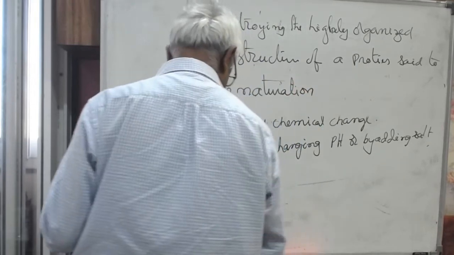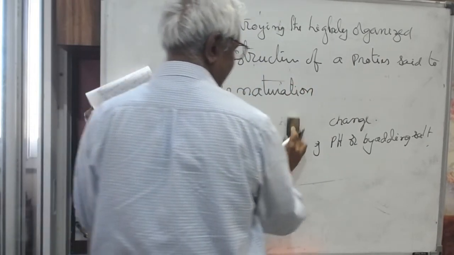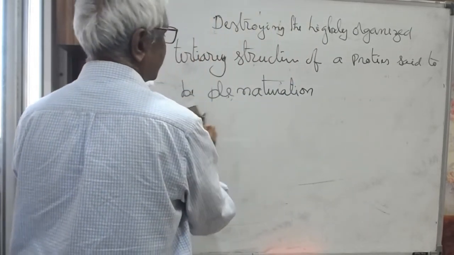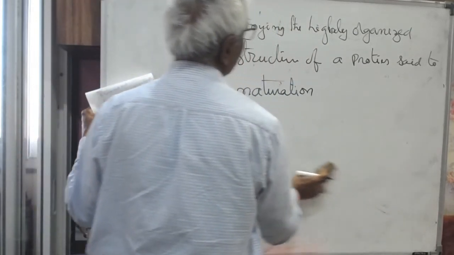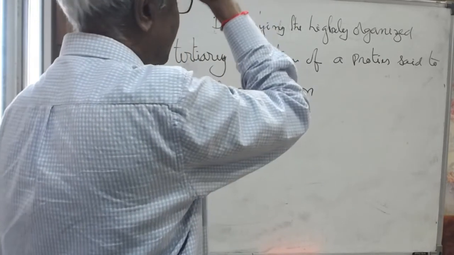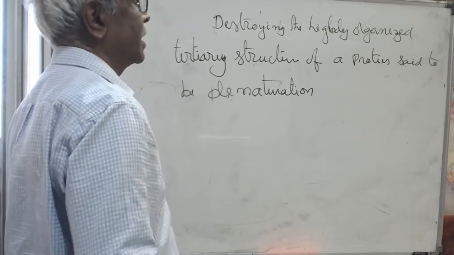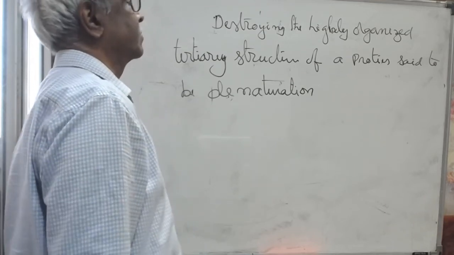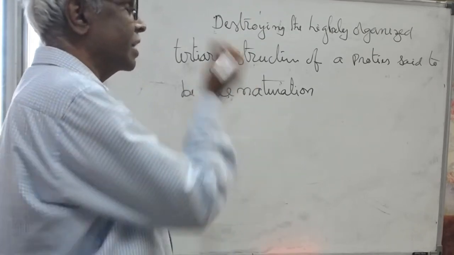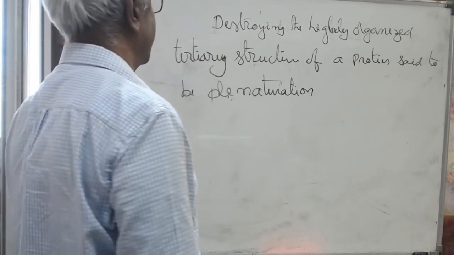In denaturation a protein loses its biological activity because the coiling is disturbed and the tertiary structure destroyed, by whipping, by heating, by adding chemicals, by changing the pH or any other.